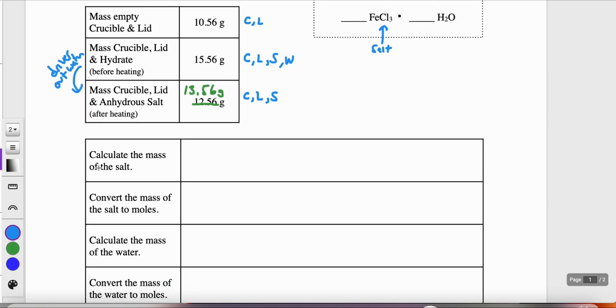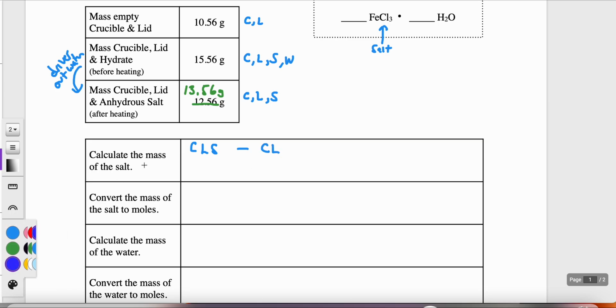So take a look. It wants us to calculate the mass of the salt. Well, I see that in the 15.56 there's salt, and I see in the 13.56 there is also the salt. So to solve this problem, using the mass that has the crucible, the lid, and the salt, we remove the mass of the crucible and the lid.